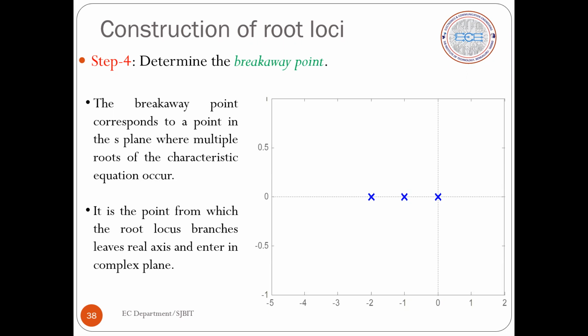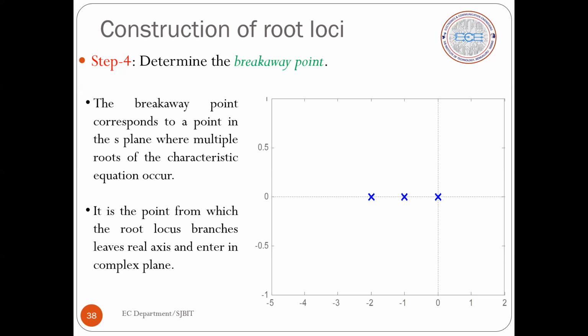Before we try to understand breakaway break-in point computation, let us understand what these breakaway and break-in points are. We call it the construction of root loci. What does it mean? For a given transfer function, I can call it the open loop transfer function.